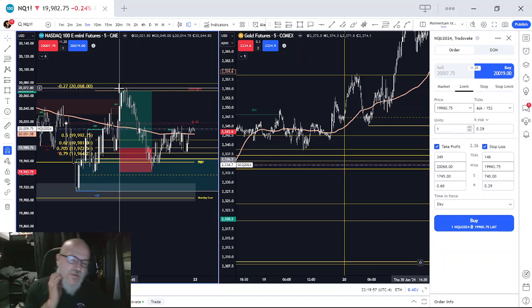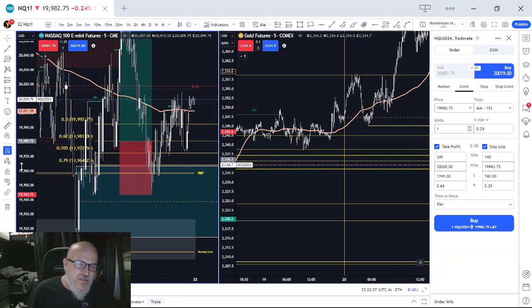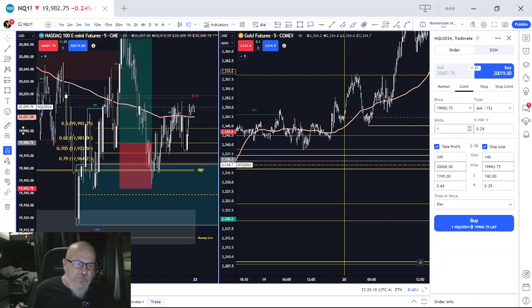So look around on your charts, try to find these areas. Okay. Use the indicators. The levels we're watching are order blocks, fair value gaps, and time-based liquidity: previous monthly, dailies, Monday's lows, highs, stuff like that. Okay.